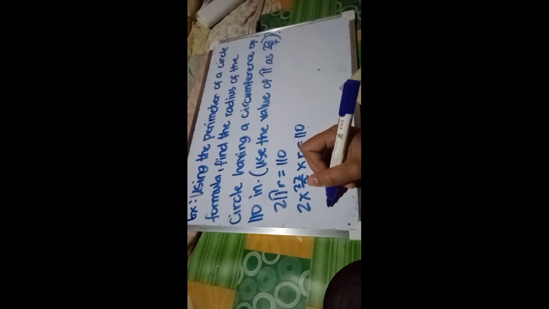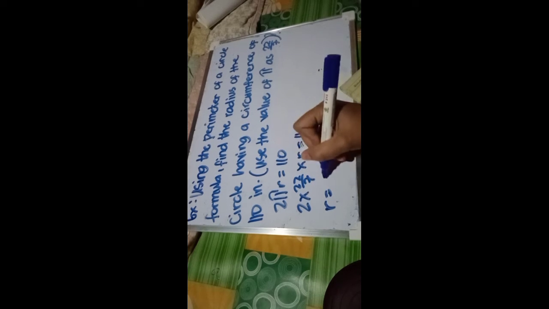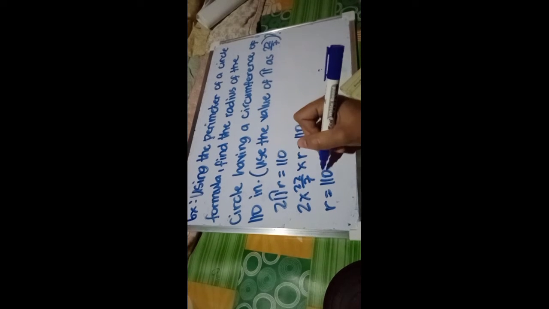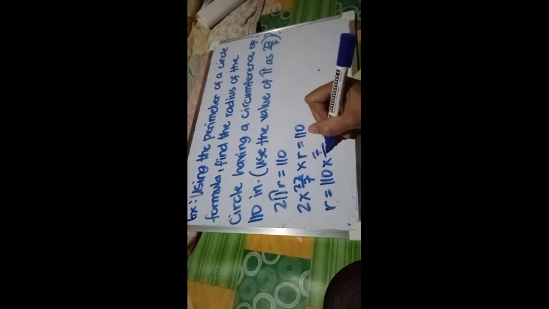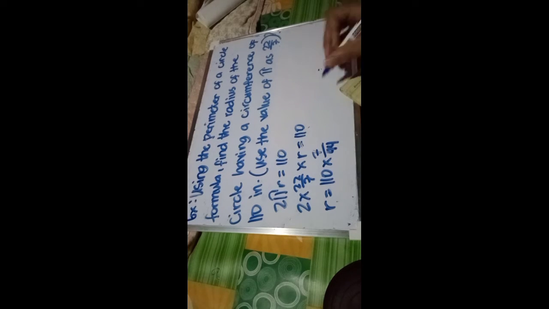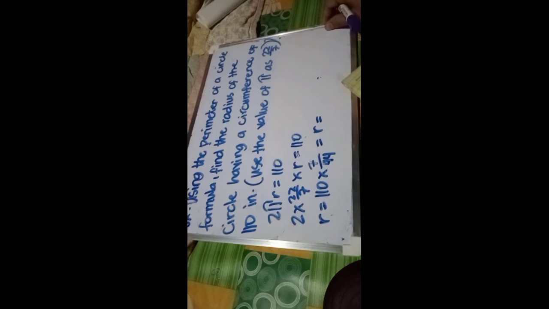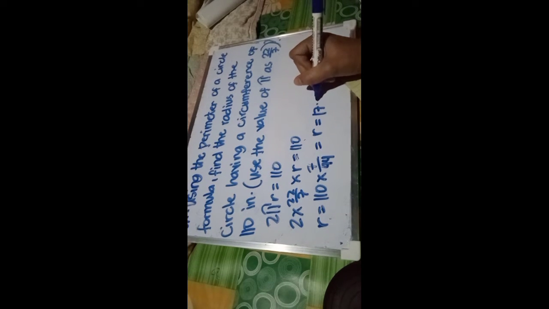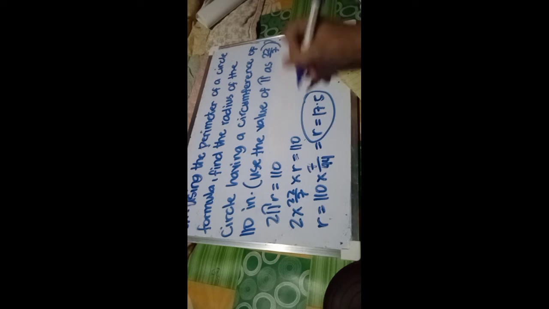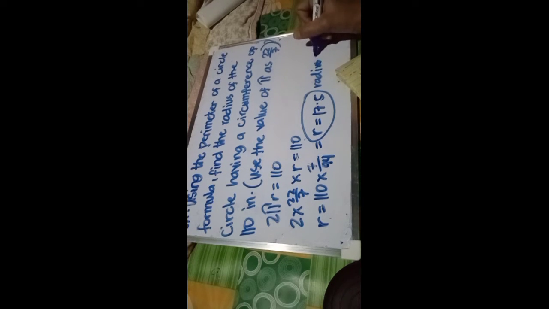You can transpose, so the radius equals 110 times 7 over 2 times 22, that is 7/44 times 110. So the radius equals 17.5, which is the radius of the circle.